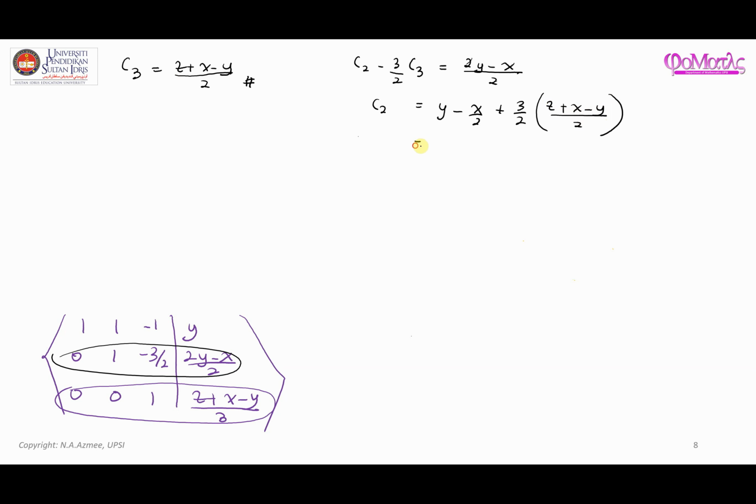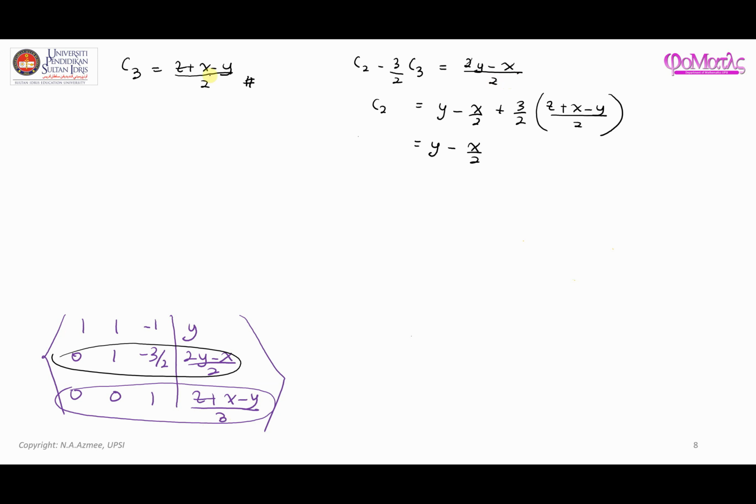C2 is just, well, I can simplify that with y minus x over 2 plus 3 over 2 times C3, the whole thing, z plus x minus y over 3.